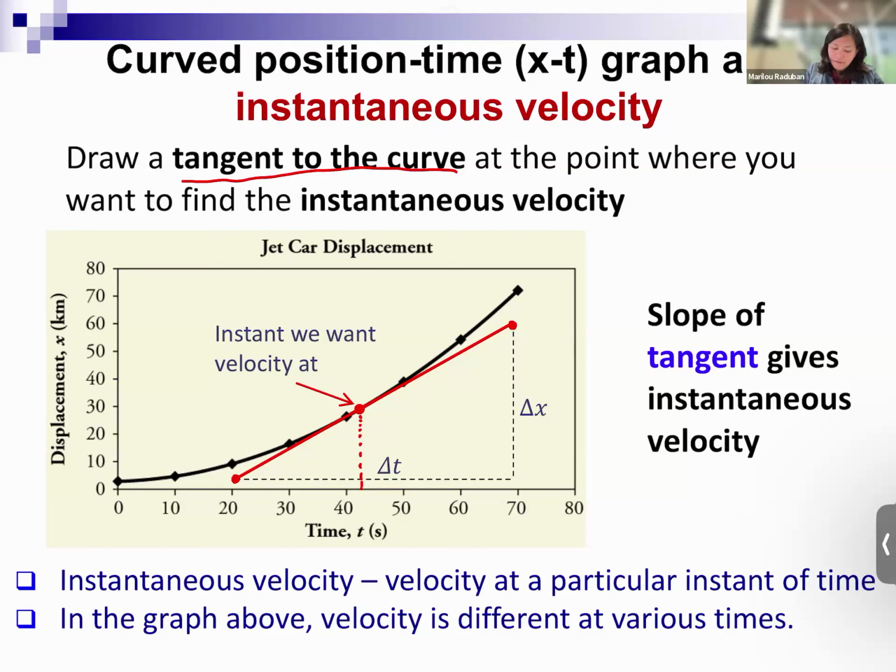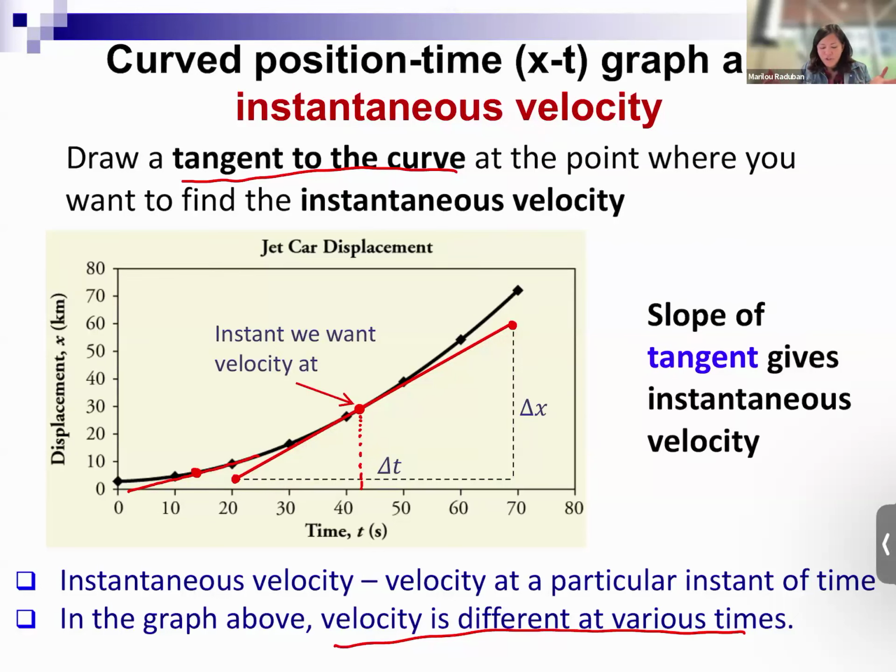Of course, if you look at your curved graph, it makes sense that the velocity will be different at various times. Because if you want to find the velocity at this time, then you draw a separate tangent line. And you see that this line slopes at a different angle compared to this other tangent line.